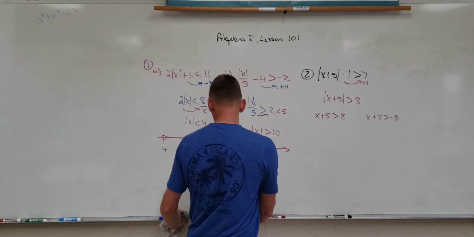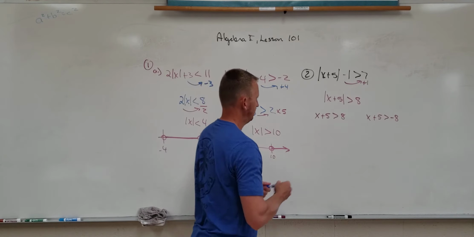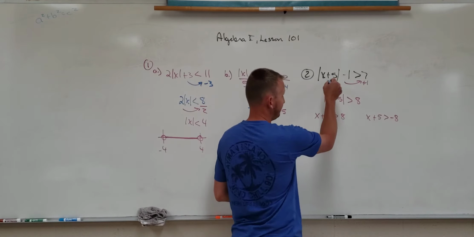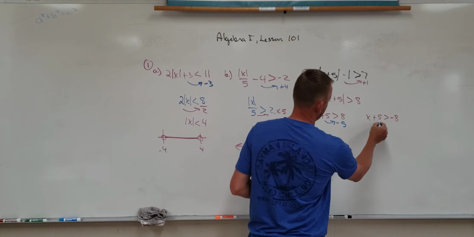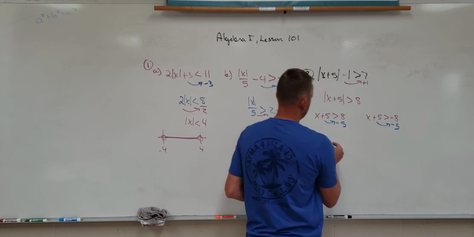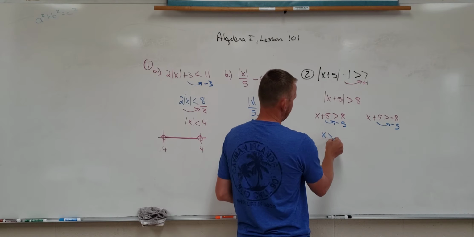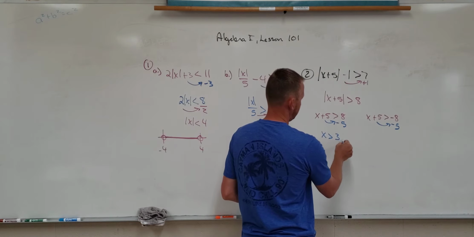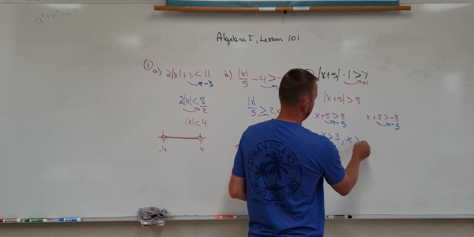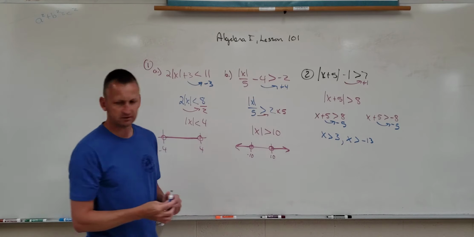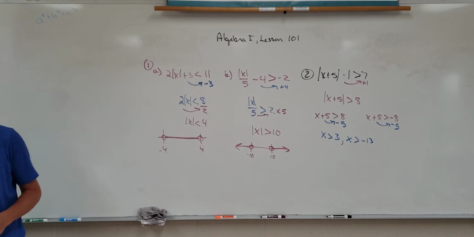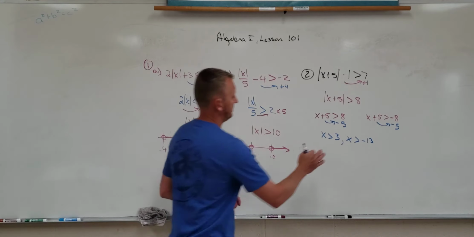So then we solve, again, for 2 of them here, when it's inside our absolute value. So I take my 5 over and subtract on both of them. So x is going to be greater than 3, and x is going to be less than negative 13. Okay? So, sorry, my bad.